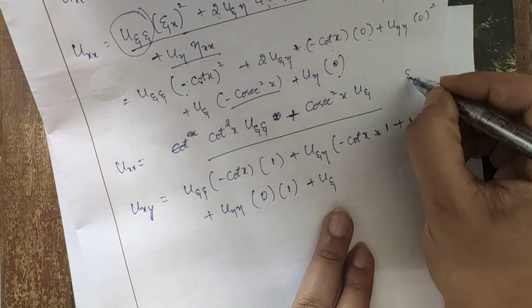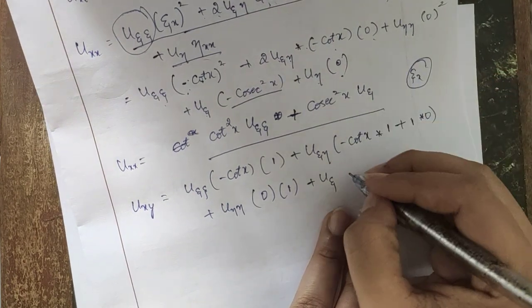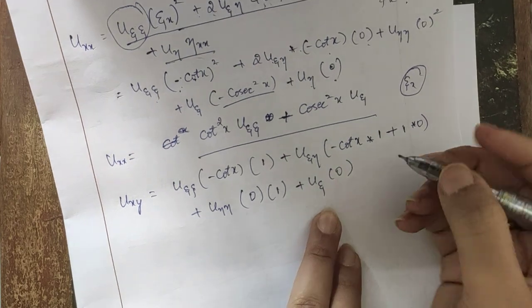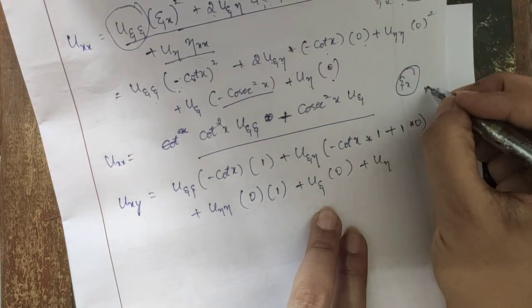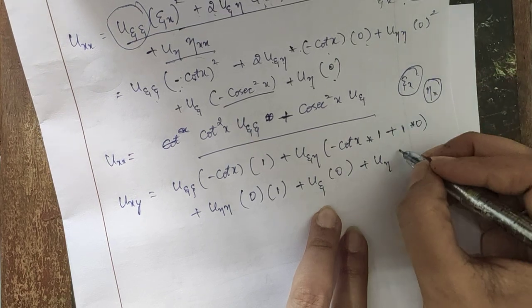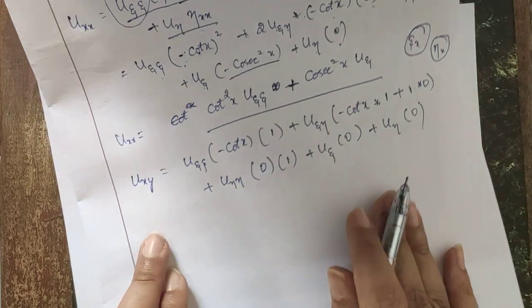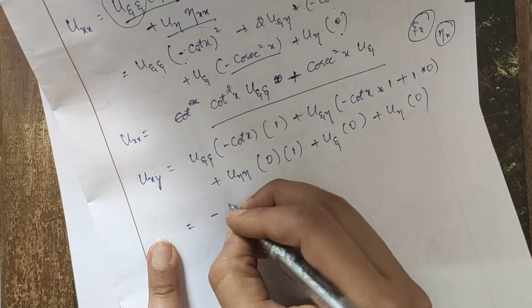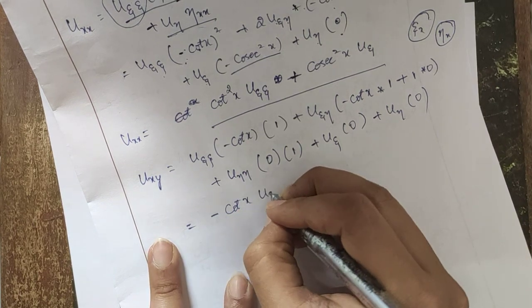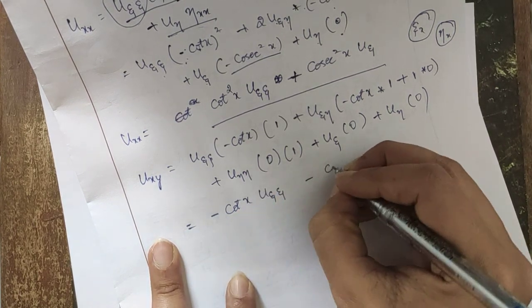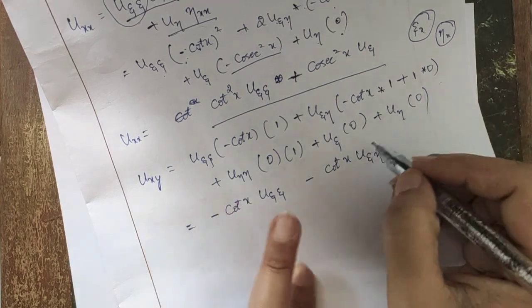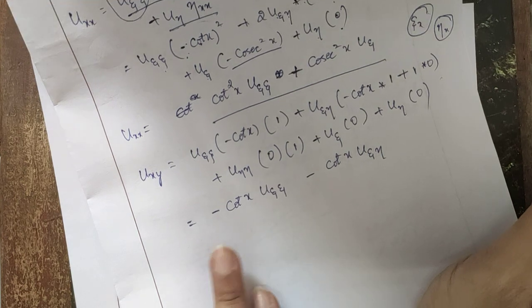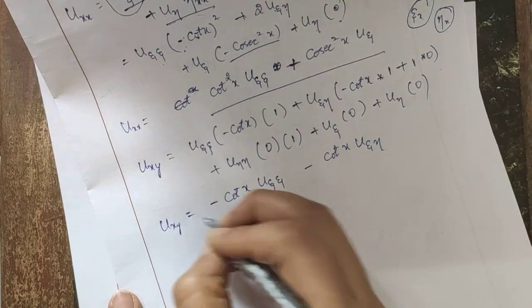Means I have to differentiate xi x with respect to y, you will get it as 0. The next term is u eta, we have to differentiate eta x with respect to y, you will get it as 0. So now this is nothing but minus cot x u xi xi minus cot x u xi eta. Remaining terms will become 0. This is my u x y.